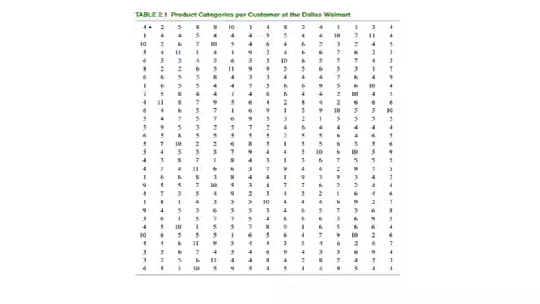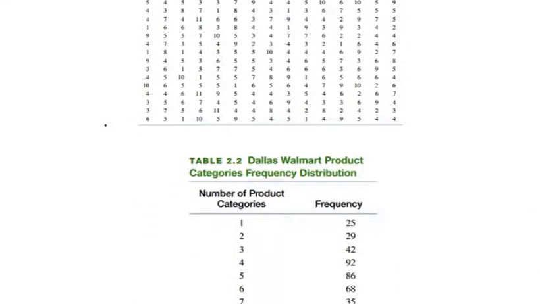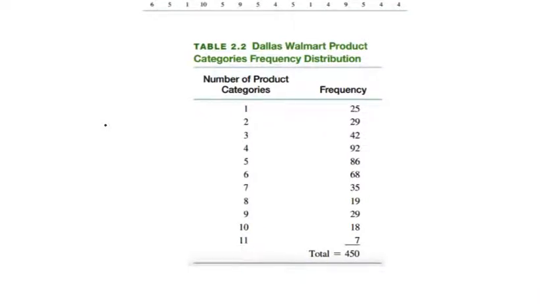So it's a little bit hard when you're looking at this data set to understand what the data is telling you. But if I put it in a frequency distribution, I can get a better idea. So this is what the frequency distribution would look like. So for example, the number of customers who purchased from 3 different product categories was 42. 42 customers purchased products in 3 different categories.